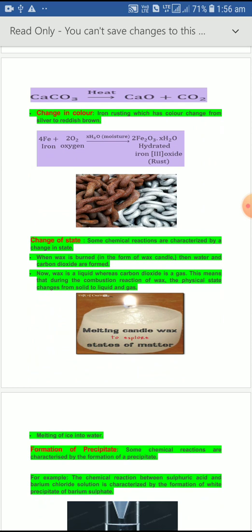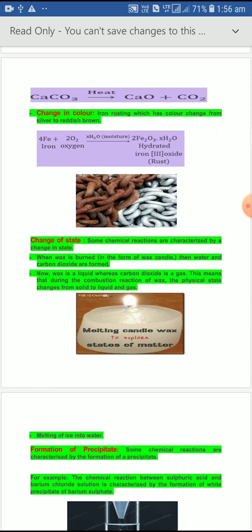Next, change in state. How many states are there? Three: solid, liquid, gas. We studied this in class 9 in our first chapter. Clear? Here I have given the example of candle wax. Candle wax is a solid.